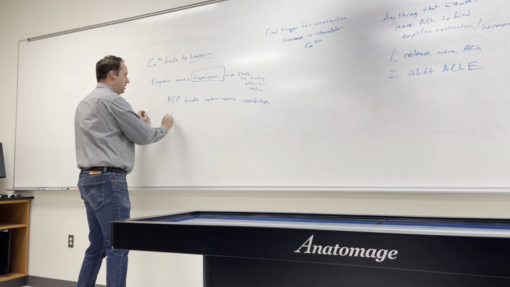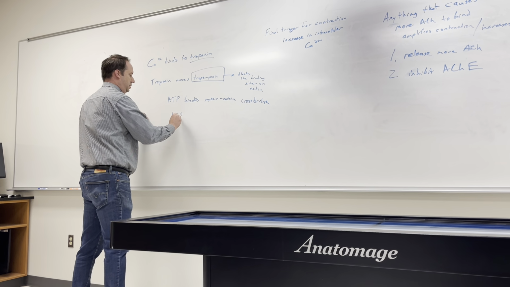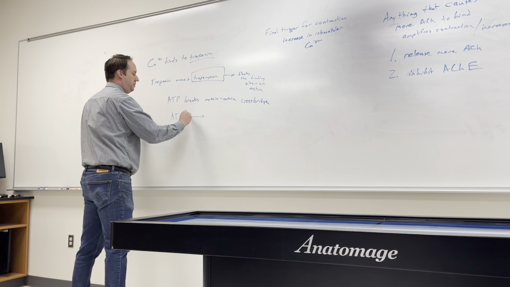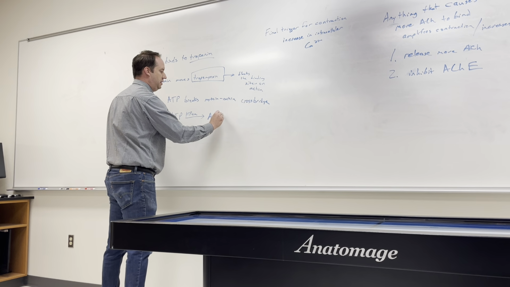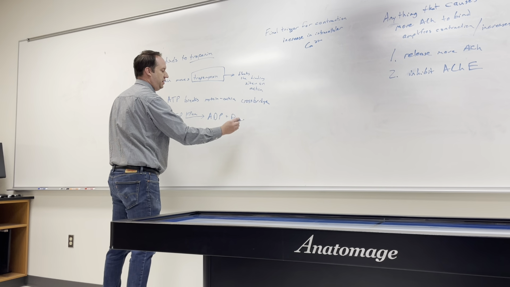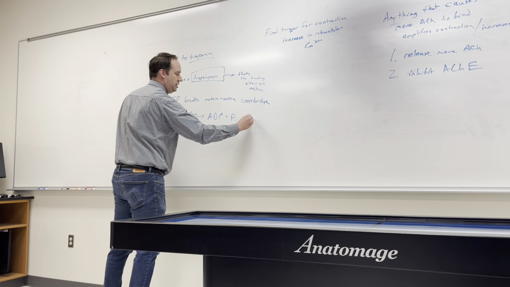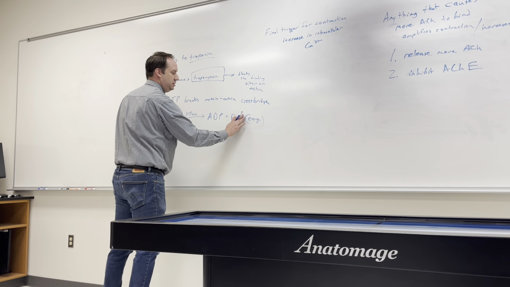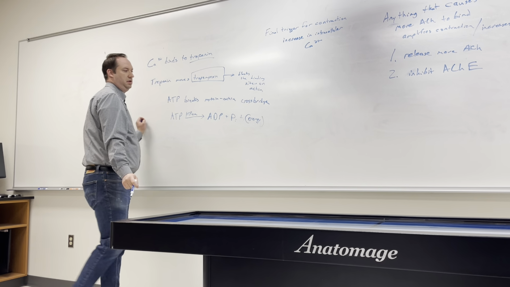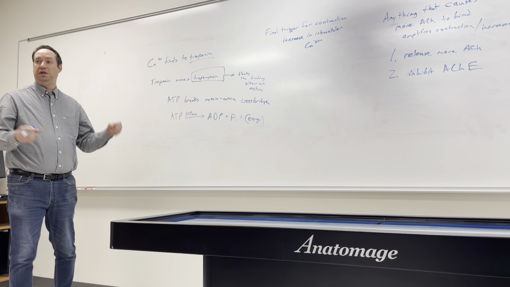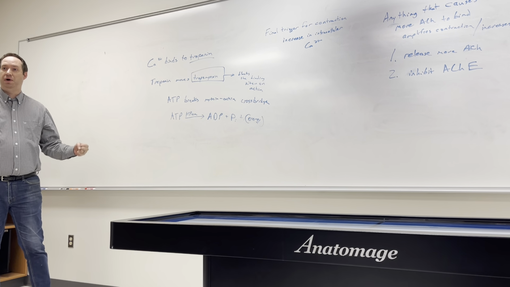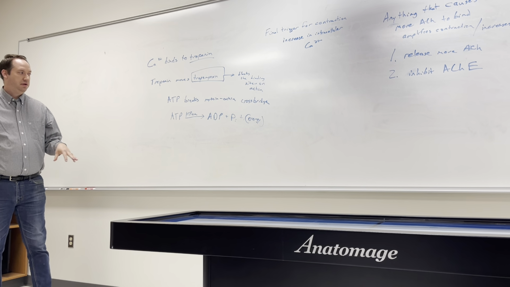This ATP is broken down by an ATPase into an ADP and that inorganic phosphate, and there's energy released from that. We use the energy released from breaking that chemical bond to make the movement happen.